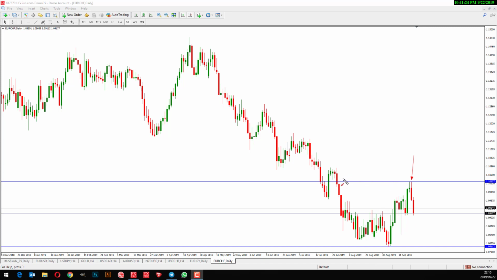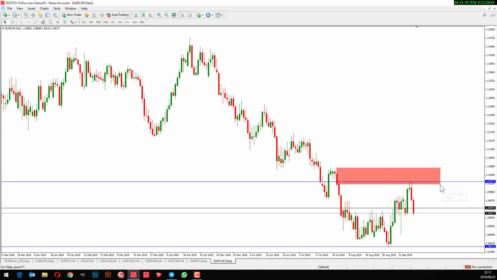just random, guys, because you can see there's a demand zone here. We've got a supply zone into the market. You see, we've got our supply zone here. Hopefully I can draw this much better.